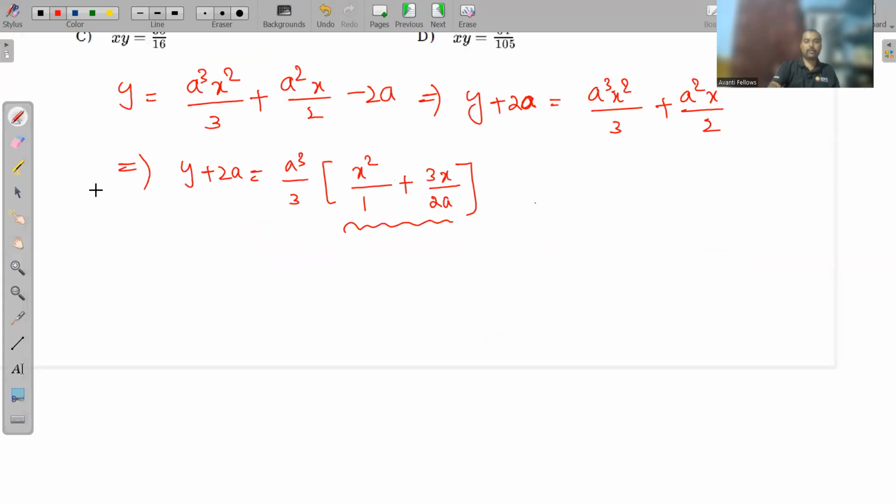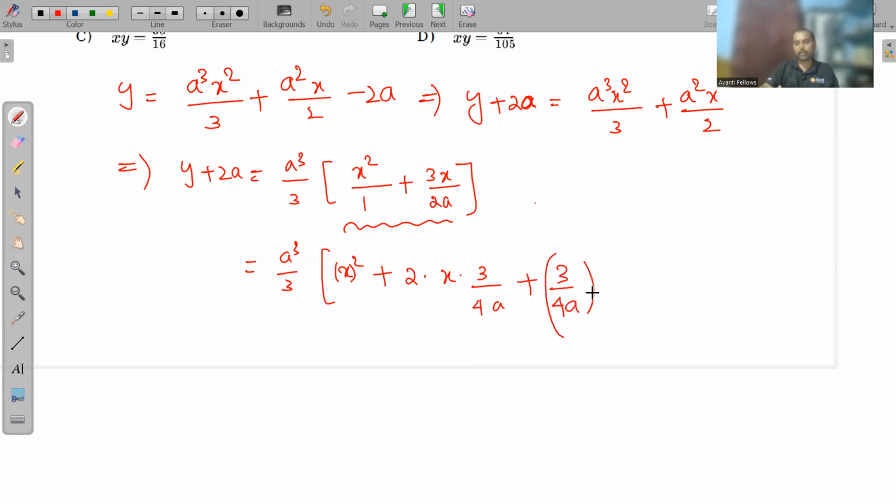So this becomes a cube by 3 into x whole square plus 2 into x into 3 by 4a plus 3 by 4a square. This is done. We added 3 by 4a square and subtracted 3 by 4a square, right?